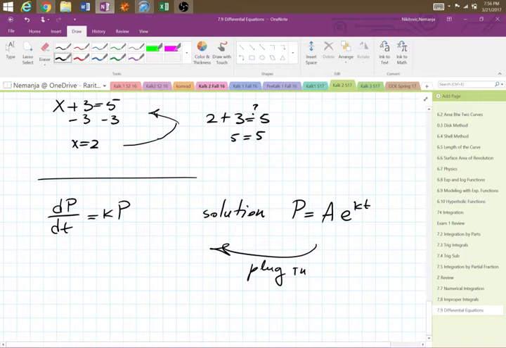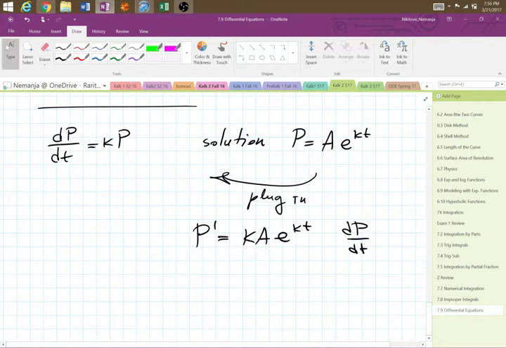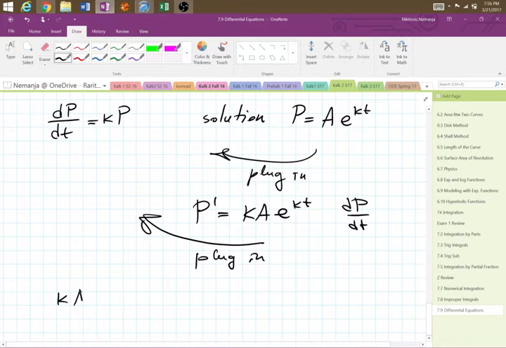So what's the derivative P prime? It's k A e to the kt, right? From the chain rule, k drops down. So that's your dP/dt, this P prime. And now you plug everything into the equation. So now we plug in. I get the derivative k A e^(kt) equals k times, and P was given as A e^(kt).